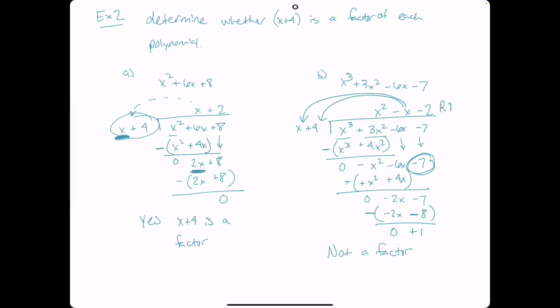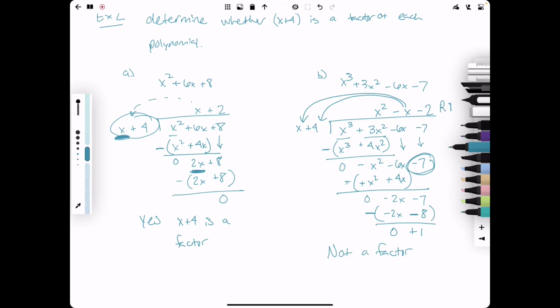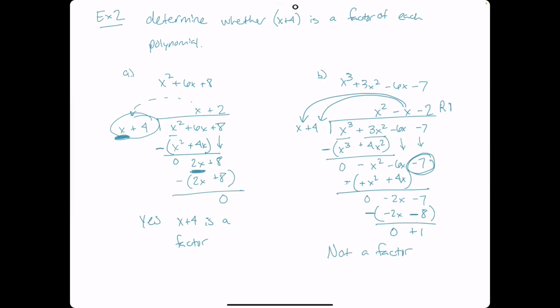So really, what mattered in all of this? I could have had any polynomial with x to the third, x squared, x, and then a constant term.